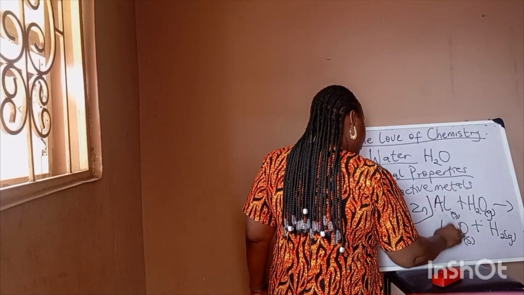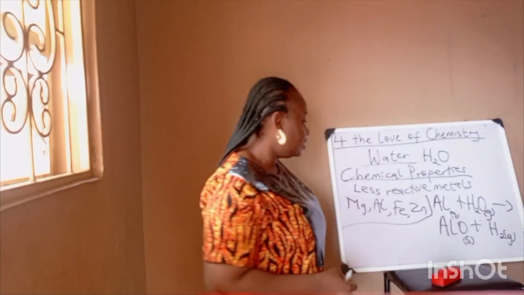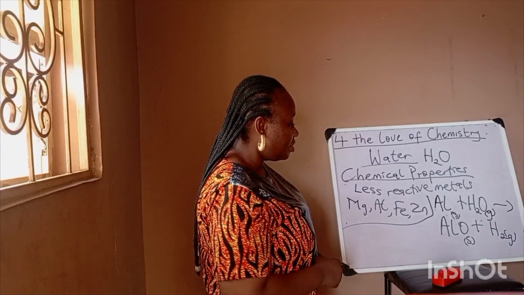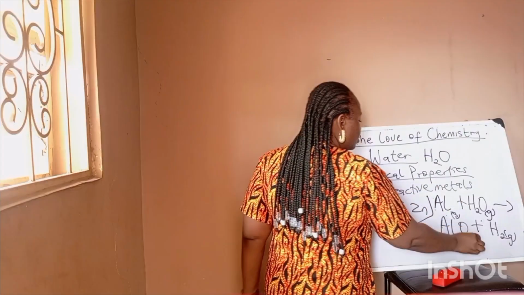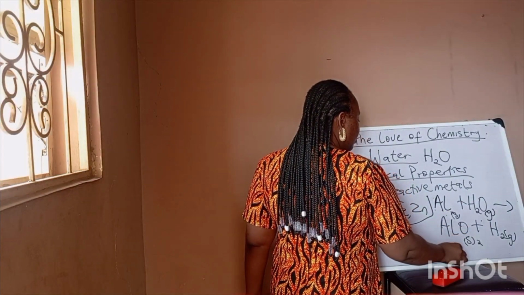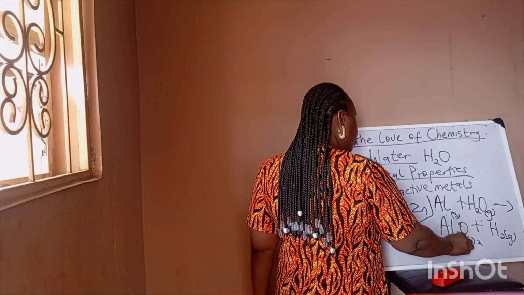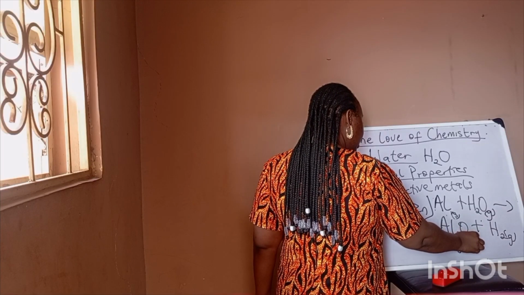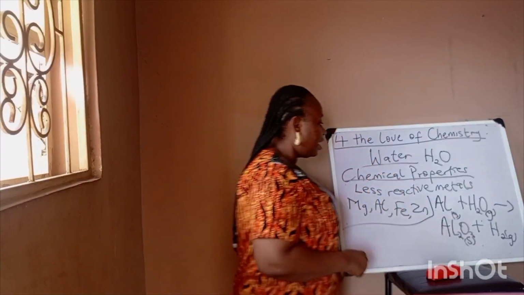Of course, we have aluminium oxide. But let's see what the correct chemical equation should look like. Oxygen has a valency of 2, aluminium has a valency of 3. So we exchange their valency. We have Al2O3. So that's the correct formula for aluminium oxide.